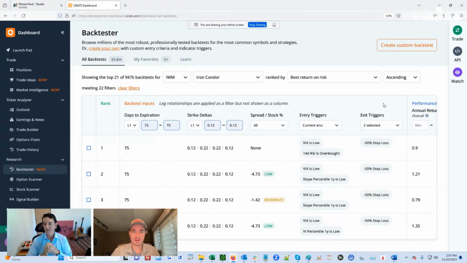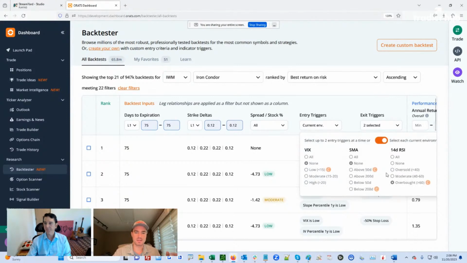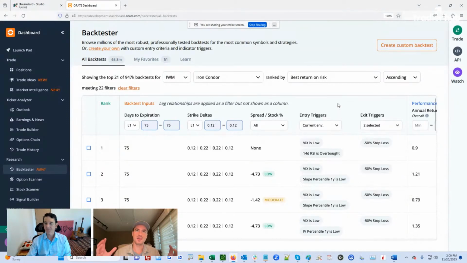Yeah, I mean, if you think about you have days to expiration, strikes, spread over stock, and then we have 5 different types of entry triggers that we test, and then obviously stop losses and profit targets. So if you combine all of those together for every strategy and all the 50 symbols that we've tested it on, you're going to get quite a few back tests.